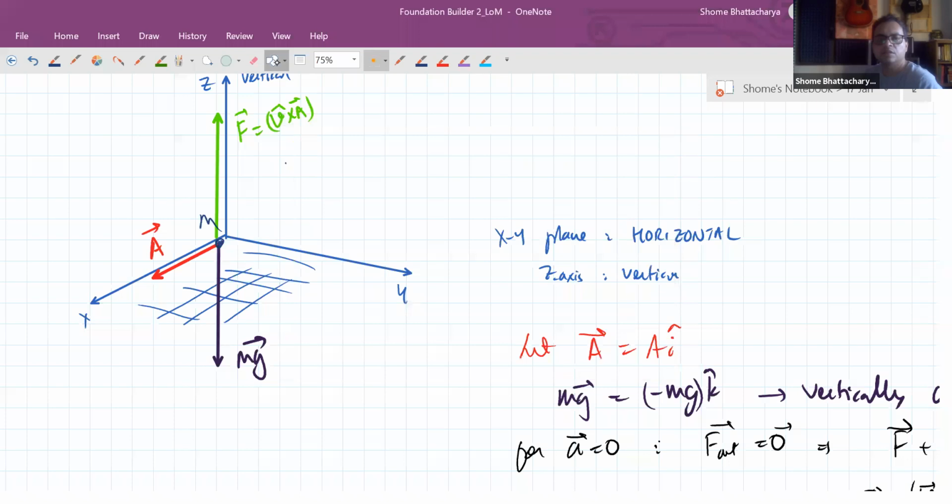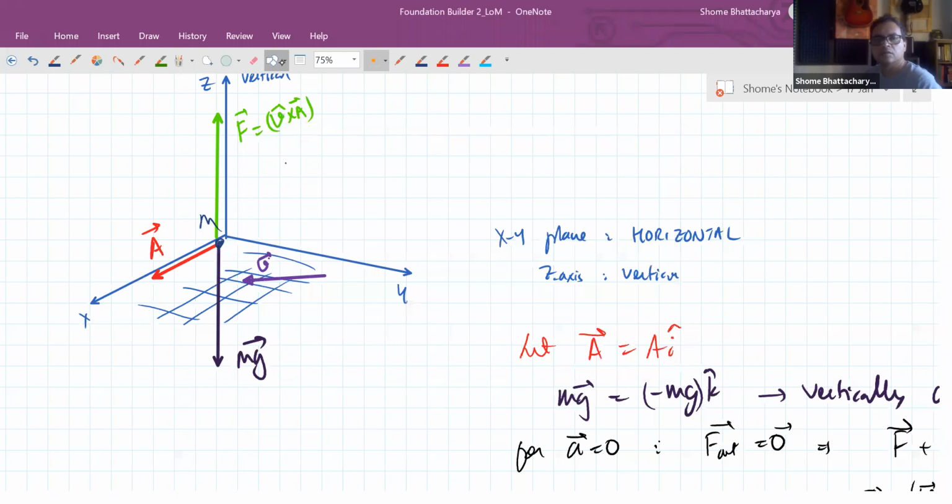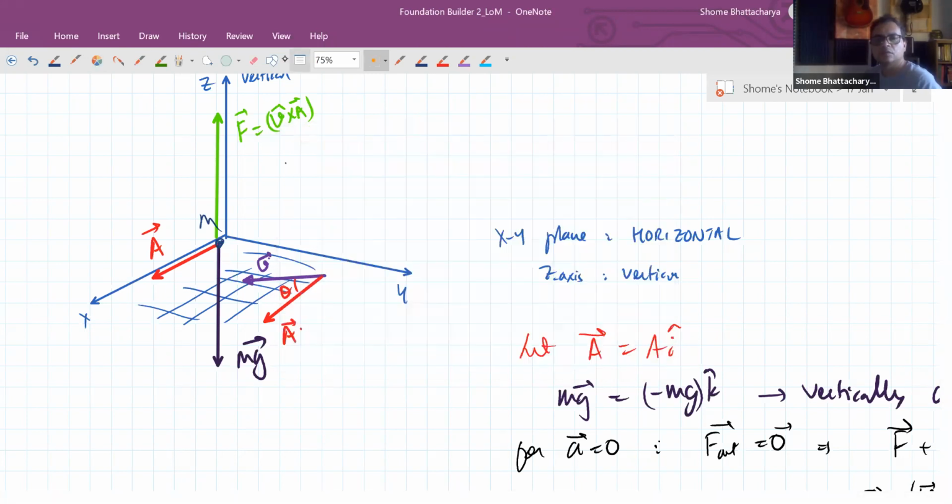If we give the particle a velocity in some direction like this, and of course our A vector is like this, and the angle between them is theta, then this force vector that we have will have a direction like this. V cross A's direction, you can see, will be upwards. But more importantly, if this angle is theta, the magnitude of this force will become AV sine theta.